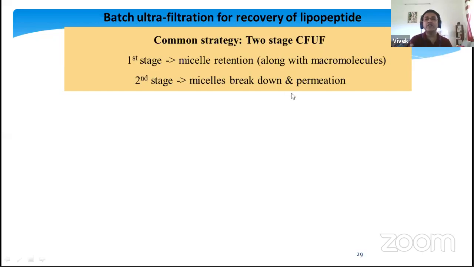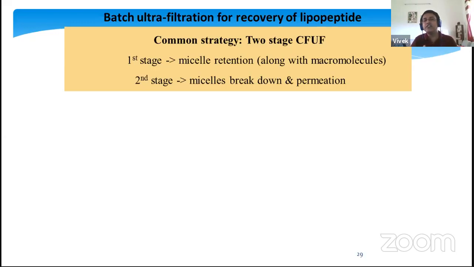As you all know, cross-flow ultrafiltration increases the flux of the liquid. In the first stage, our aim is to retain these micelles. To start with, we dissolve this product in water and try to solubilize these compounds. The compounds immediately take a micelle form.